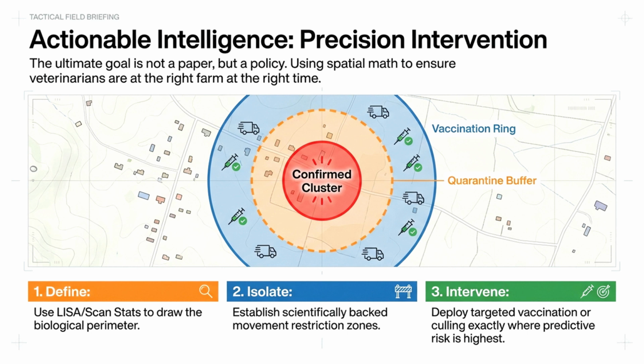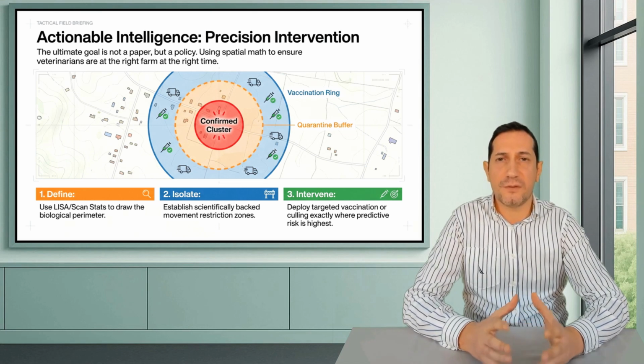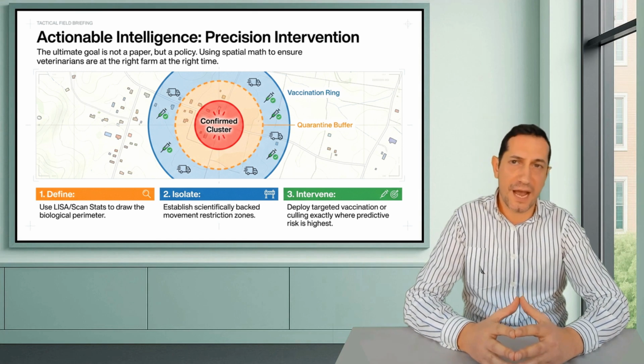For example, if we utilize Moran's I and LISA to uncover a statistically significant cluster of FMD near a wildlife reserve, our intervention plan involves drawing a strict buffer zone around that exact hotspot, restricting cattle movements, and initiating targeted surveillance. We use spatial analysis to ensure our field veterinarians are exactly where the predictive risk is highest.